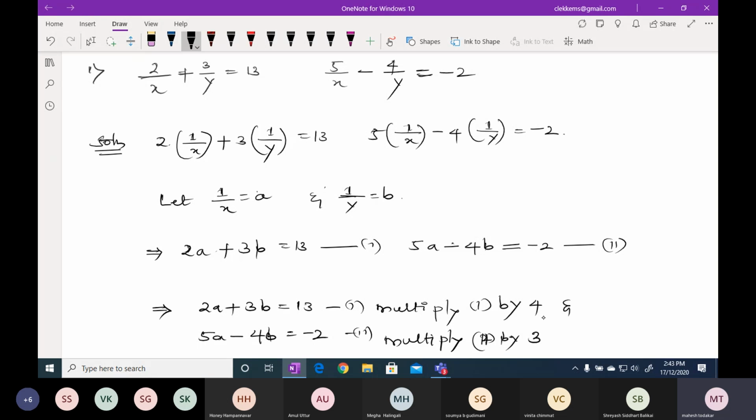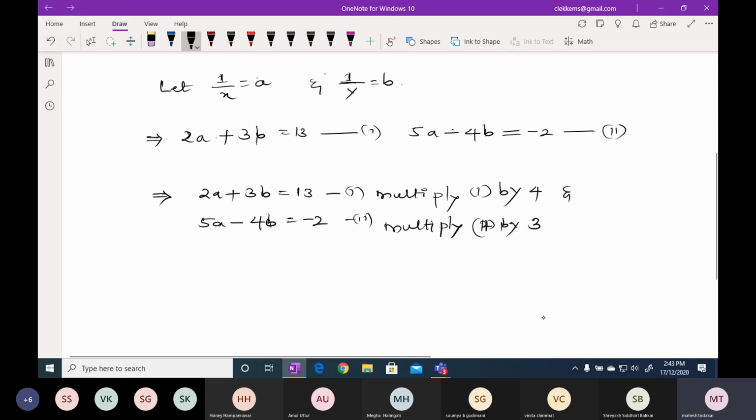Multiplying equation 1 by 4: 4 into 2 is 8a, plus 4 into 3 is 12b, equal to 4 into 13, which is 52.